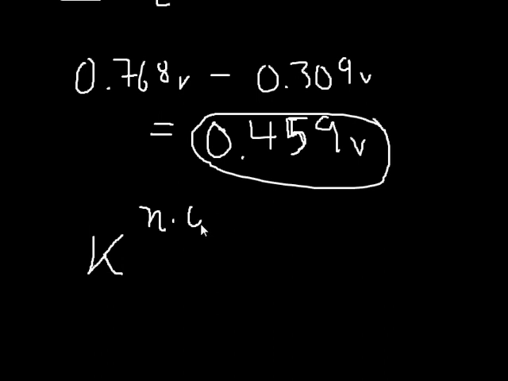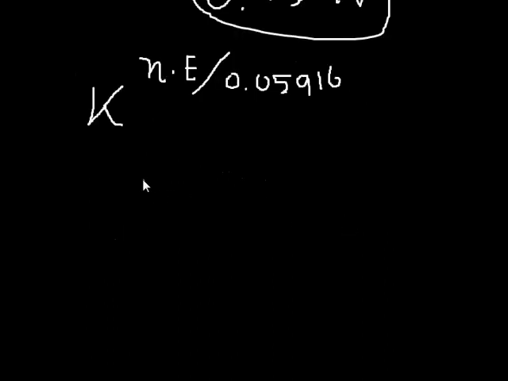So we are going to take the number of moles of electrons times the potential for the cell divided by that nice constant we had earlier, since we're still working at a standard temperature. Sorry, that's supposed to be a 10 there. It's equal to K.